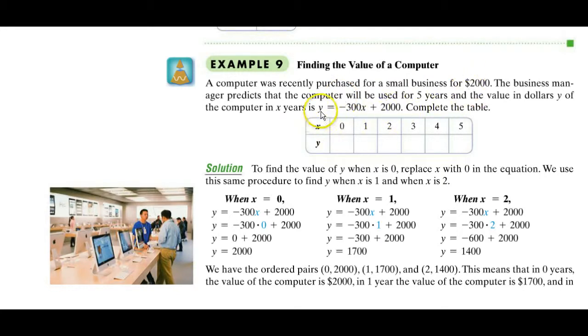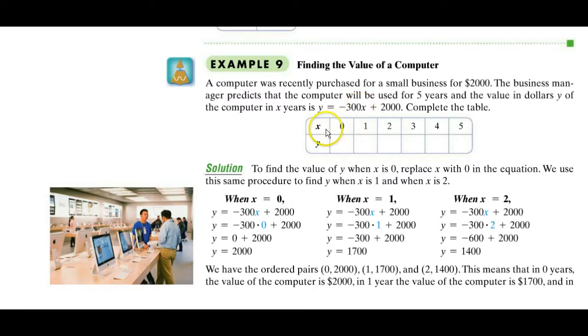And they've come up with this particular equation to show, because of this being negative, that the line of the graph is going to go down. And they say, what is the value then of this computer through your time period, which happens to be the X?